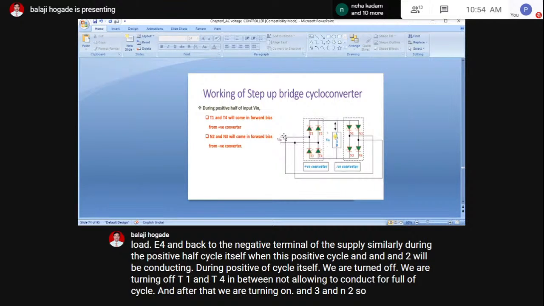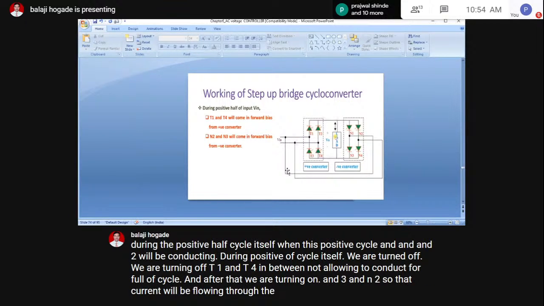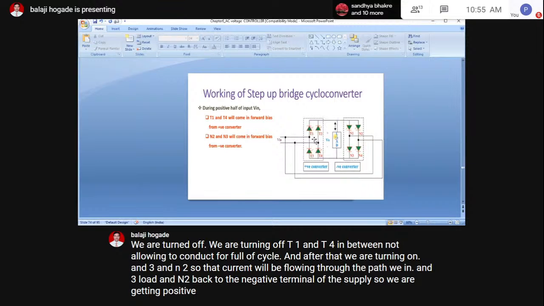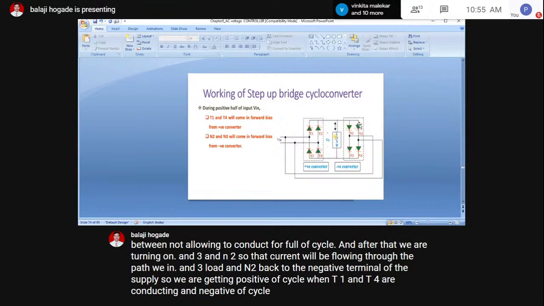So that current will be flowing through the path V in, N3, load and N2 back to the negative terminal of the supply. So we are getting the positive half cycle when T1 and T4 are conducting and the negative half cycle when N3 and N2 are conducting.